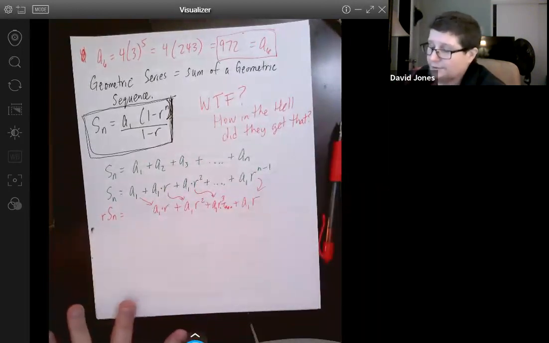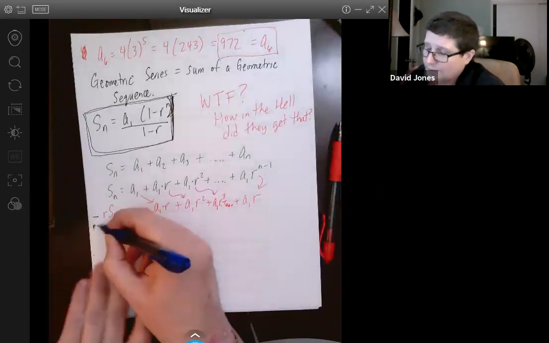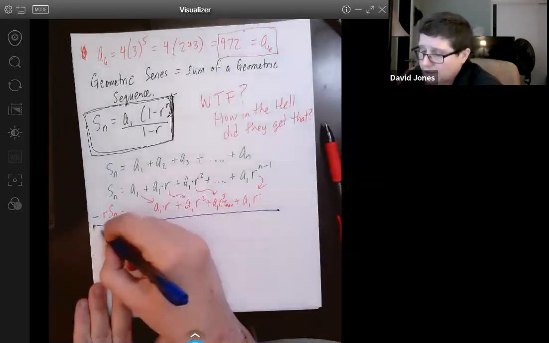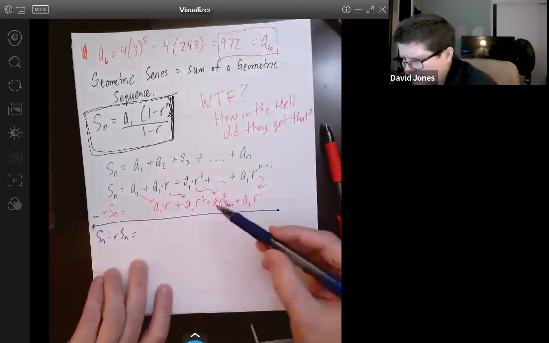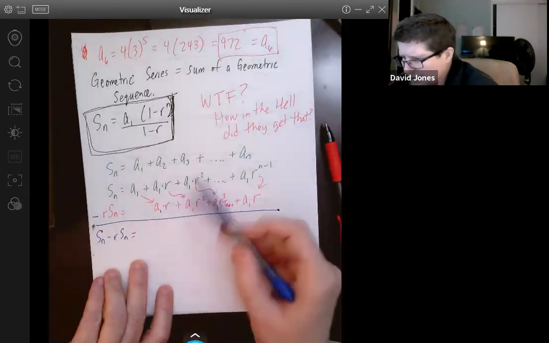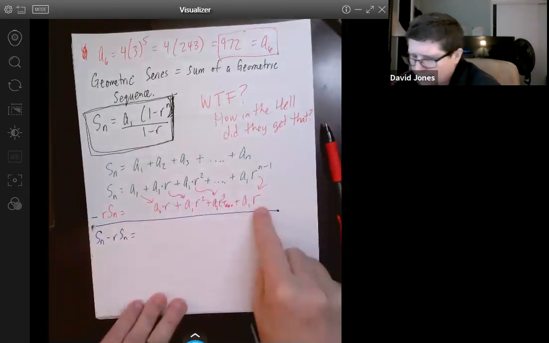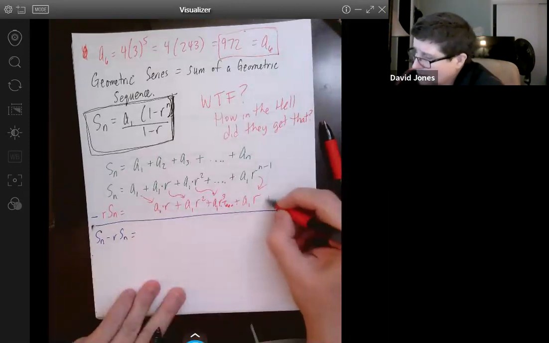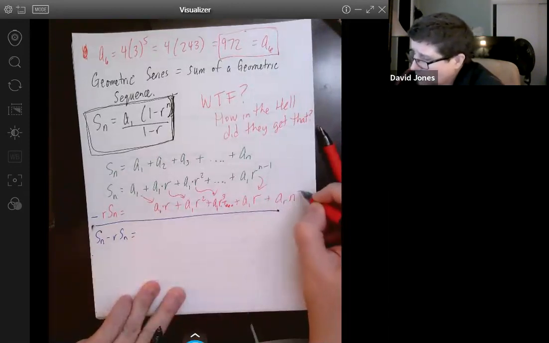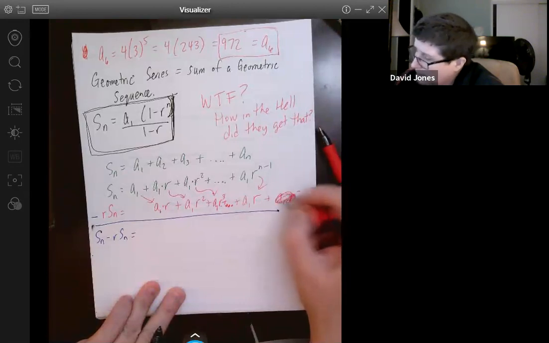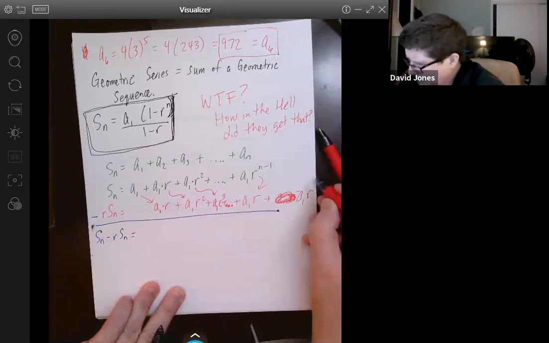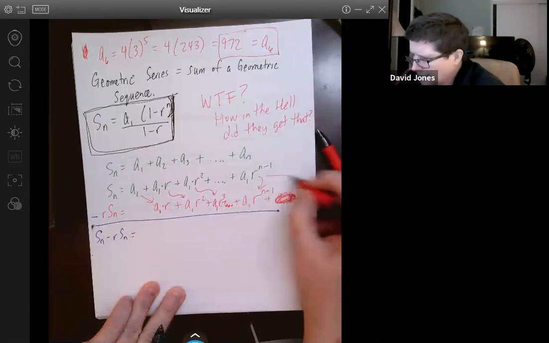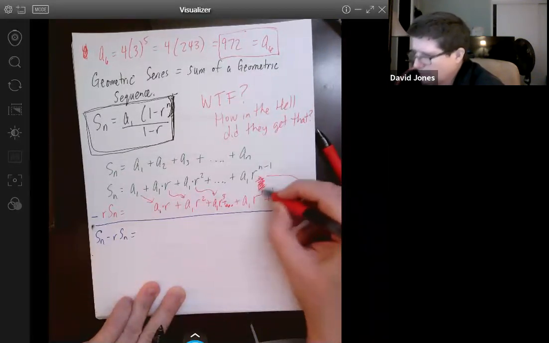And now what I'm going to do is subtract that second one from the top one. So s sub n minus r times s sub n equals, if I just subtract, this goes away, this goes away. The term before this, I'm going to write over here: a sub 1 r to the n. The term before it would be n minus 1.